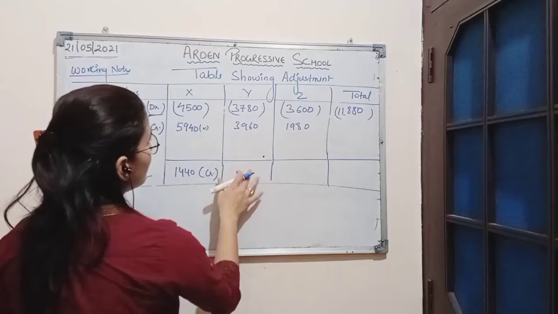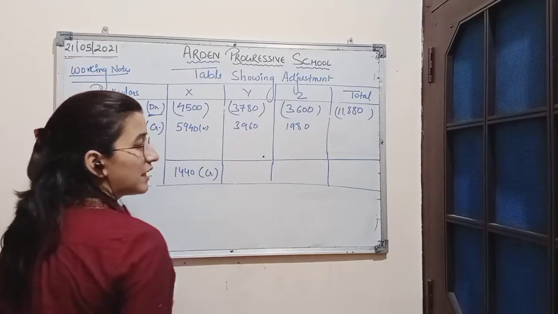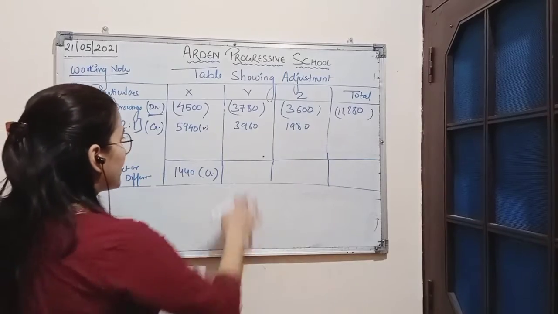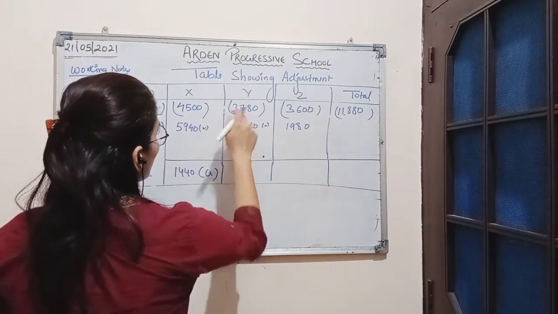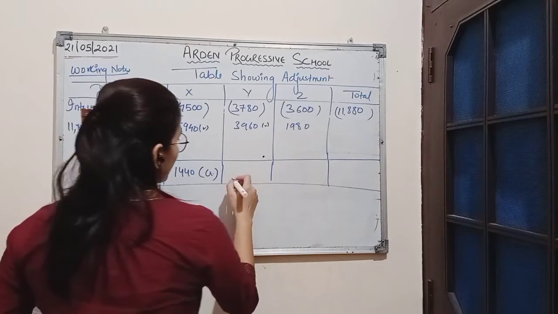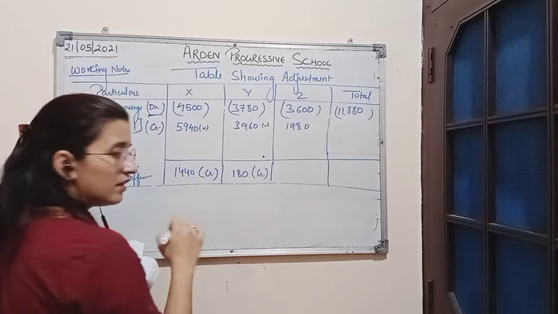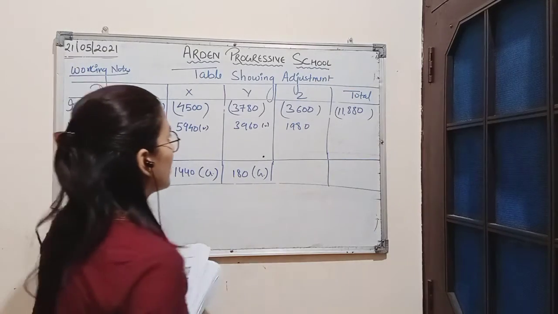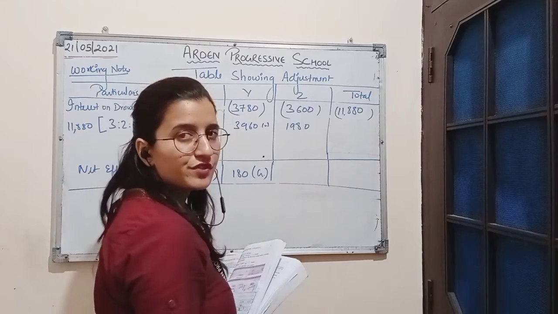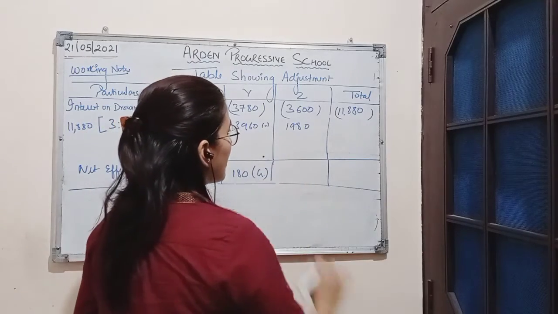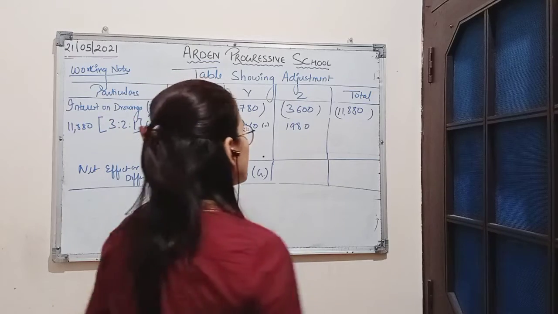Now next we have negative value of 3780 and positive value of 3960. So here also greater value is of positive figure. The excess of positive value over negative value is rupees 180. Again it is a credit balance. And here as we can see, negative value is greater, which is 3600, and positive value is lower value, which is 1980.